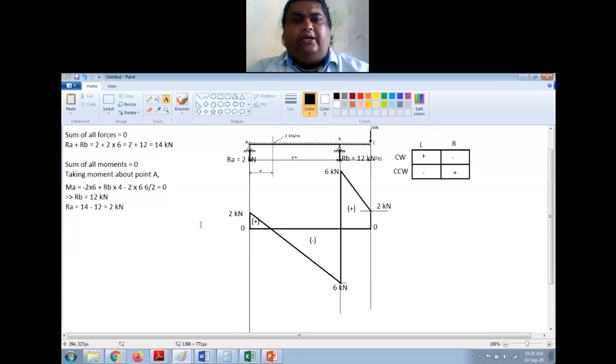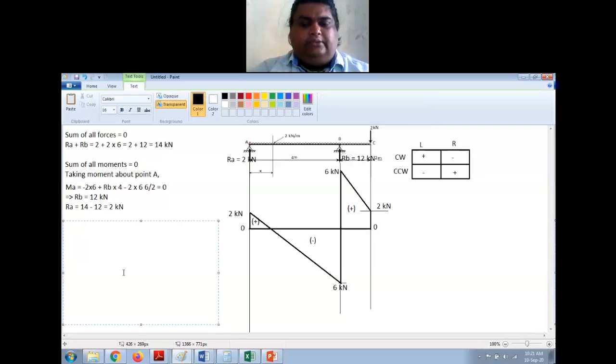You have to write also the value of shear force. So how to write it? You have to write like this. Shear force diagram. Shear force at point A on left hand side.